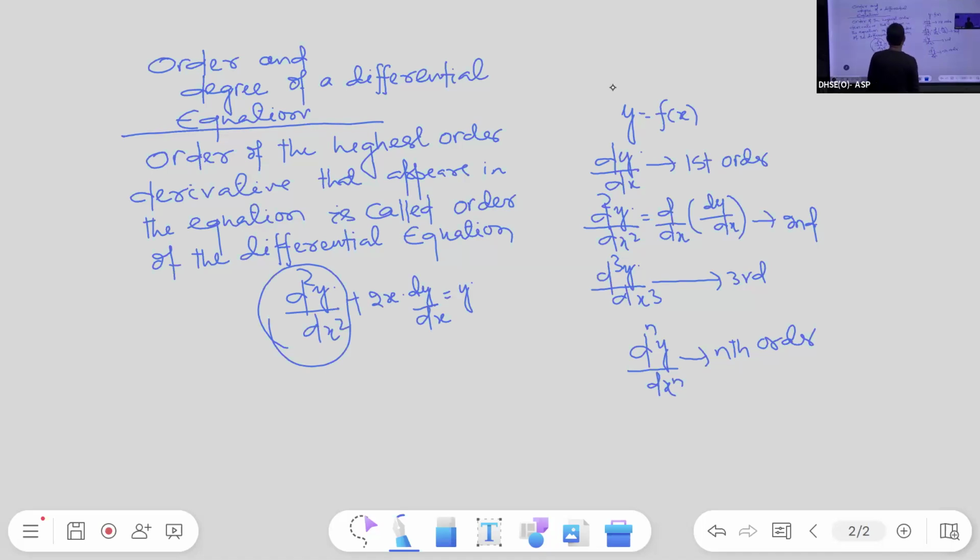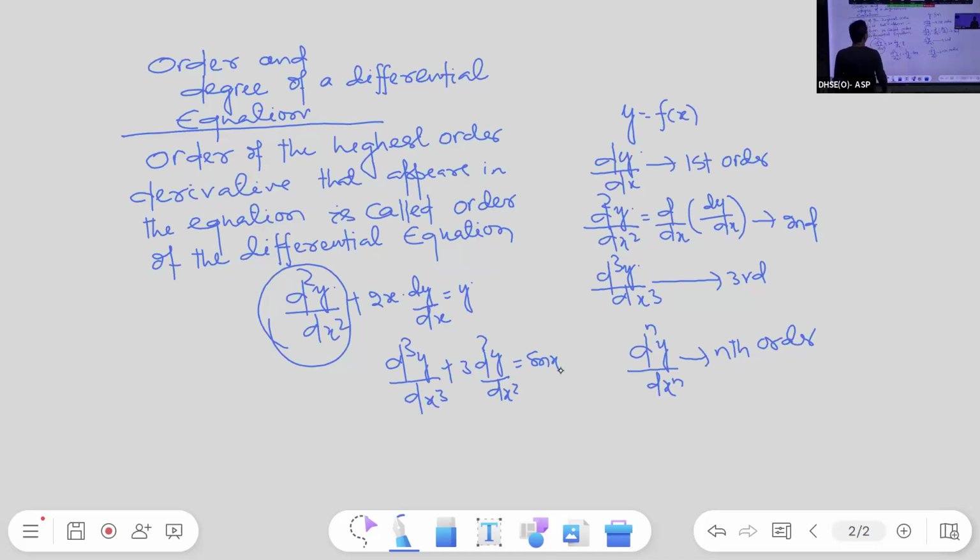Clear? If an equation is like this, d cube y upon dx cube plus 3 d square y upon dx square equals sin x, then the order of the differential equation is 3. So order of the differential equation means order of the highest order derivative that appears in the equation, right?